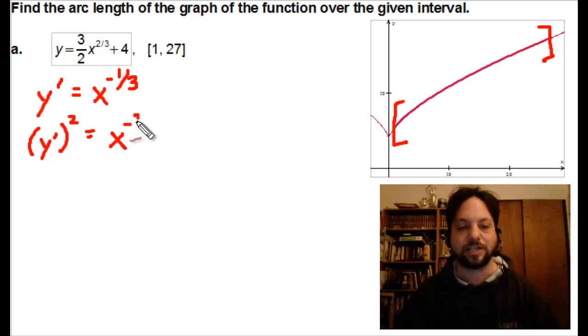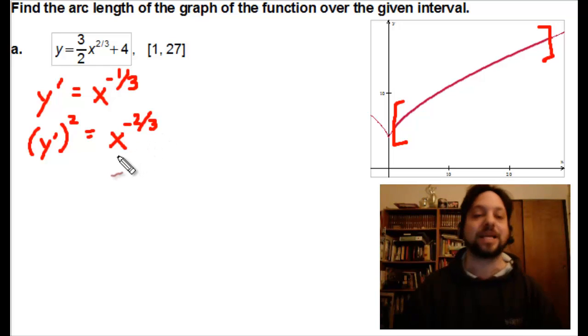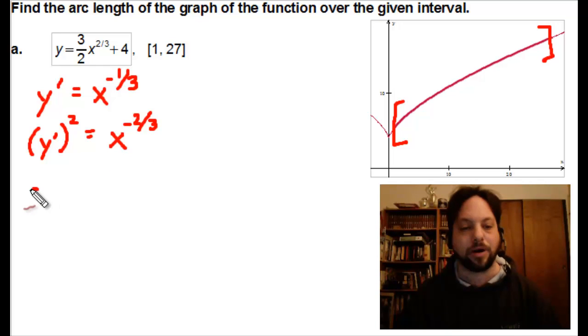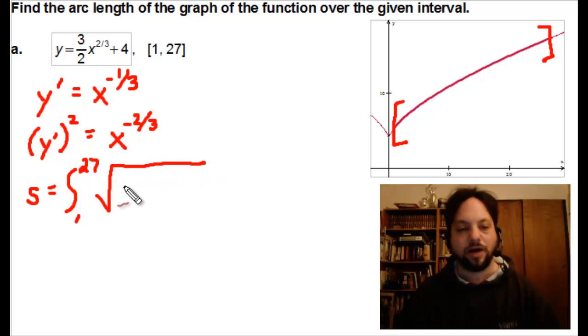But that also is not too difficult. That will simply be x to the negative 2/3. And now we can set up our arc length formula. It will be the integral from 1 to 27 of the square root of 1 plus the derivative of the function squared, which we've already done, and then dx.